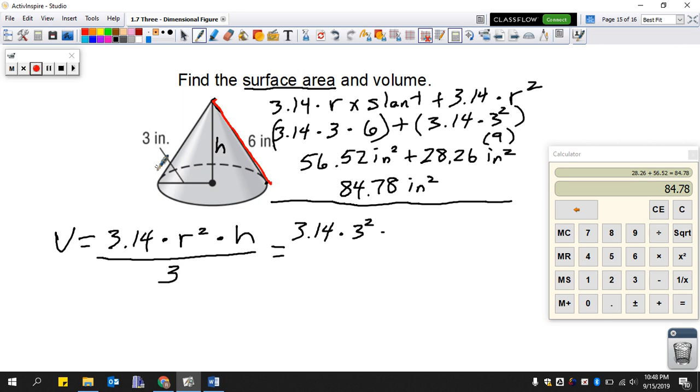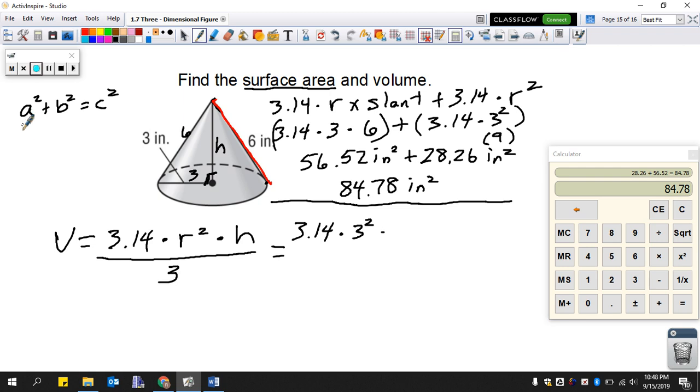So we have to use the Pythagorean theorem in order to figure out what the height is. We know what the slant height is. Slant height, remember, is 6. This is 3. We know that this is a right angle here. So remember, the Pythagorean theorem says a squared plus b squared is equal to c squared, where c is the hypotenuse, or the 6.